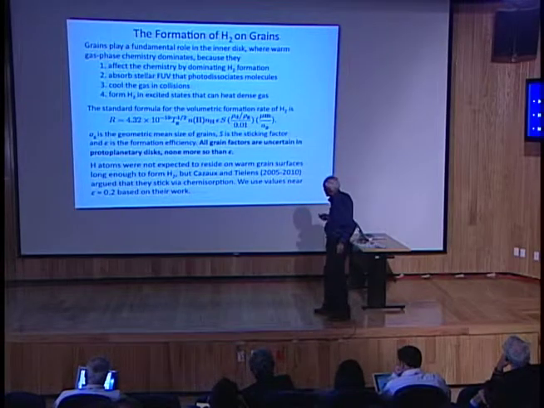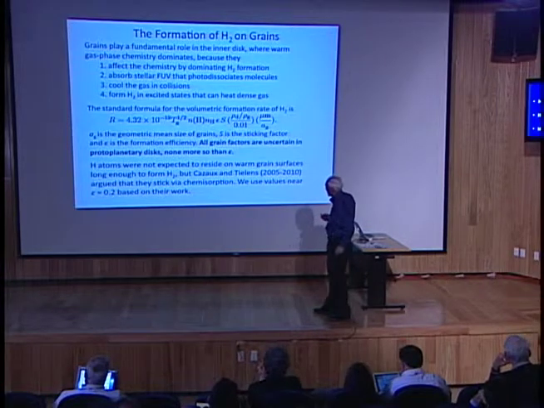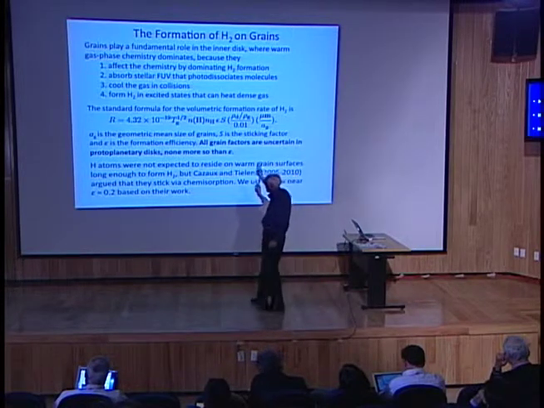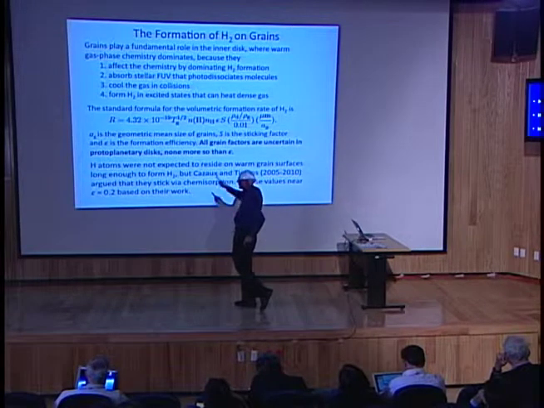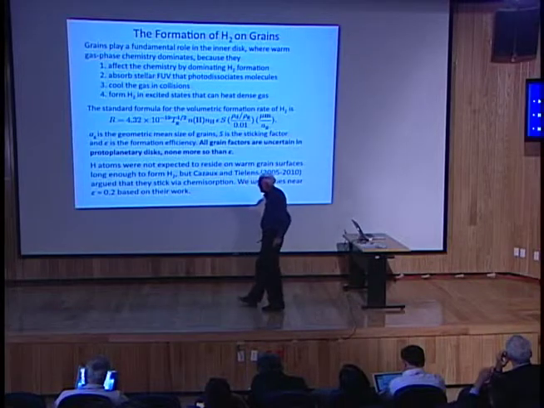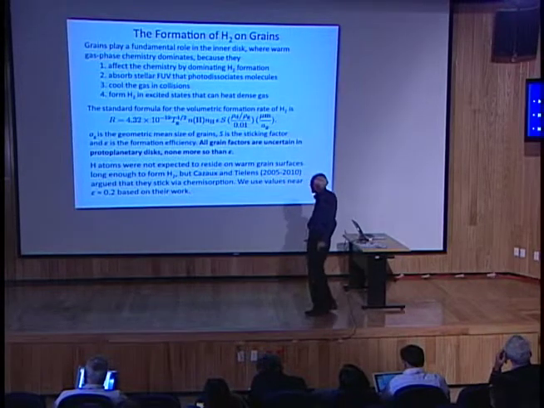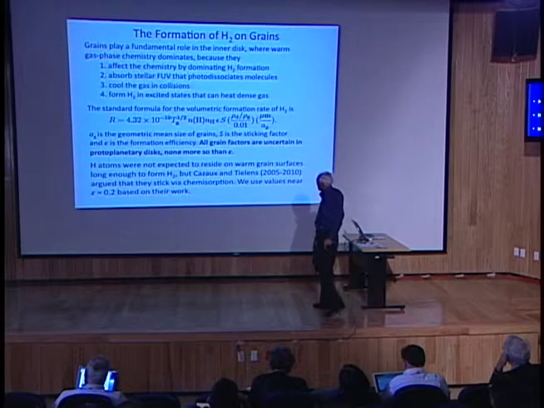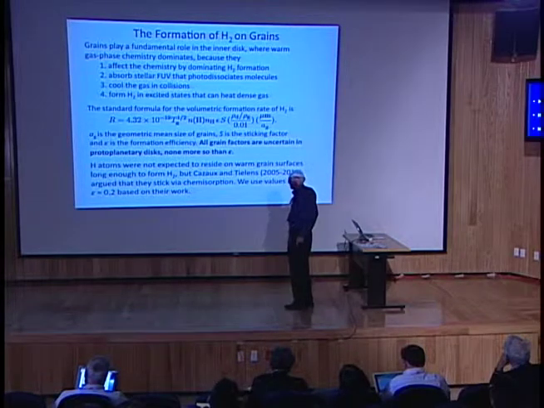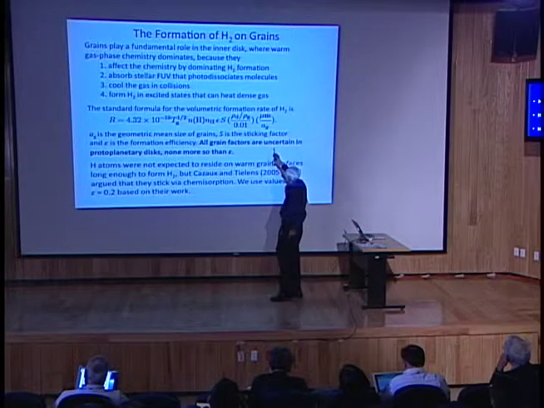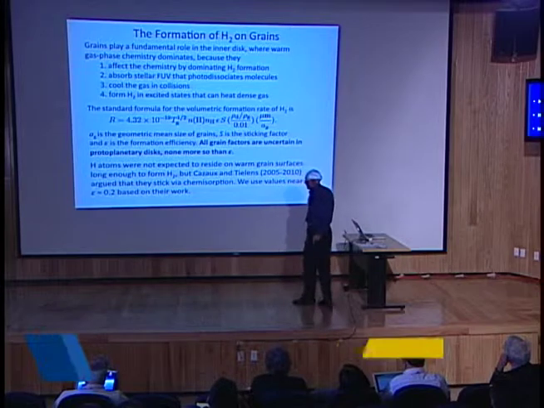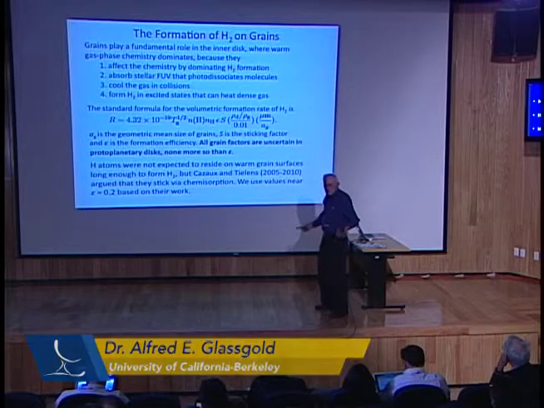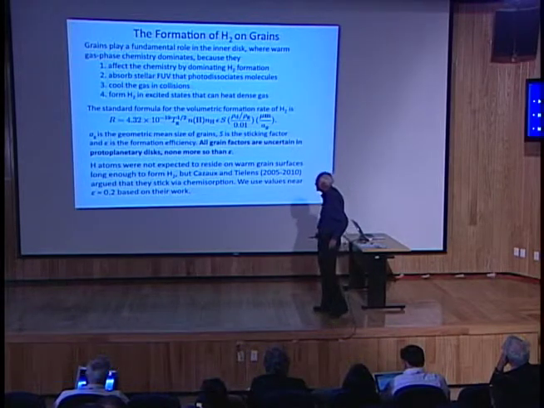I want to go back just briefly to this formula for the rate of formation of H2 on grains, which came out of the work of Hollenbach and Salpeter and is very well known. I've evaluated it for a parameter which is the mean size of the grain distribution measured in microns, which might be a good number for protoplanetary disk grains.